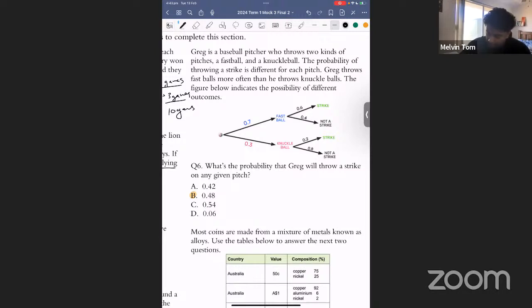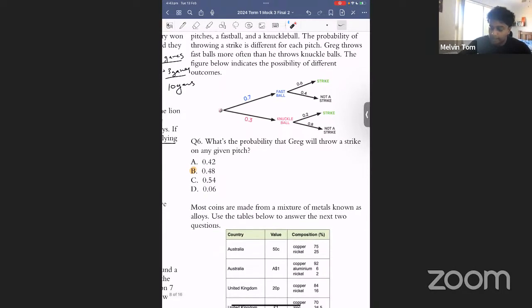Greg throws fastballs more often than he throws knuckleballs, and the figure below indicates the possibility of different outcomes. So he has a 70% probability of throwing a fastball, and out of that, a 60% probability of getting a strike. He has a 30% probability of throwing a knuckleball, and out of those, a 20% probability of throwing a strike, right? So the question is, what's the probability that Greg will throw a strike on any given ball?